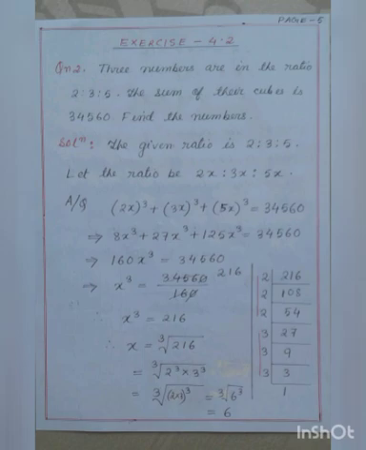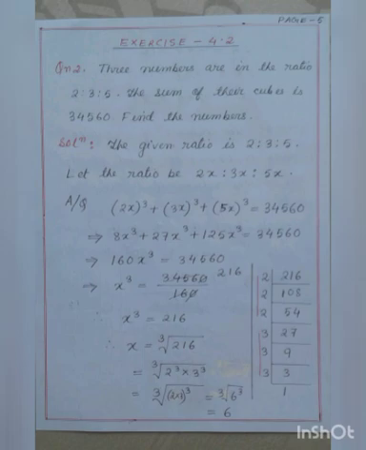If I add the variables, I get 160x cube equal to 34560. Therefore x cube will be equal to 216. I have to find the cube root of 216. I get the answer as 6.